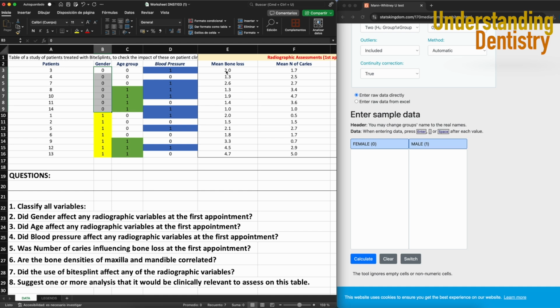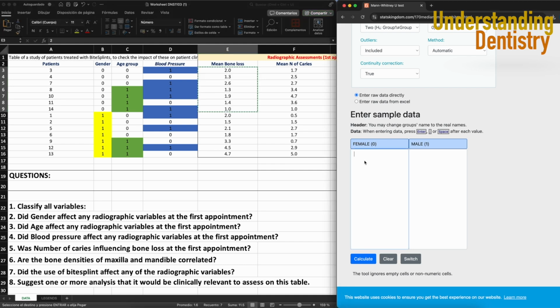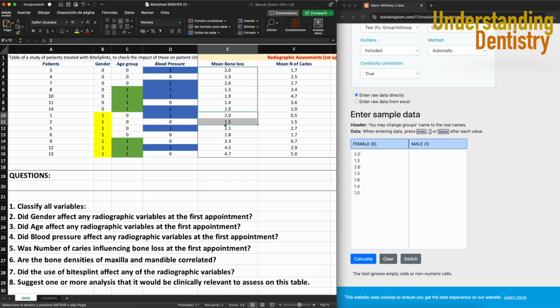So now let's copy those that we can agree are the bone loss of female patients. We are going to press Command C and Command V. And now we are going to select all the bone loss of male patients.